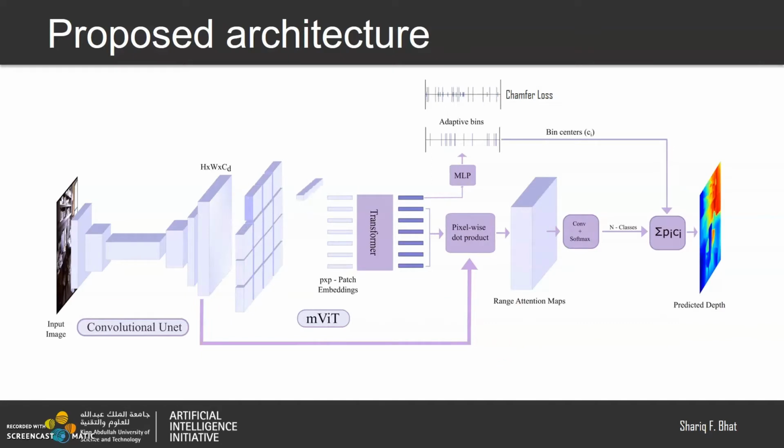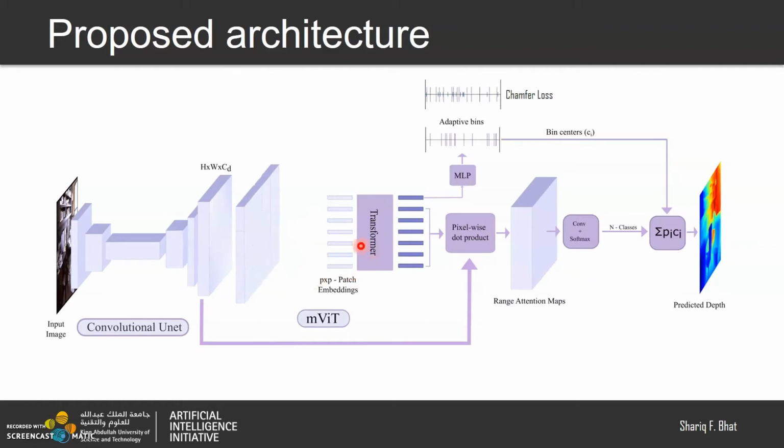This is the overview of our final proposed architecture. On the input side, we have a single RGB image, and the model first estimates the adaptive bins for this given scene, and then uses that to estimate the final depth. The idea is that we can estimate the adaptive bins required for the input scene by extracting the global information using a patch-based transformer.